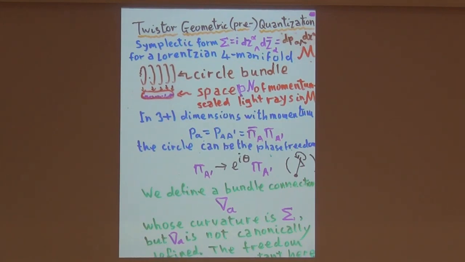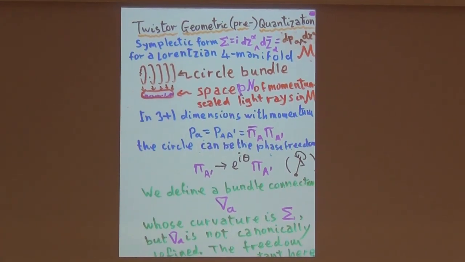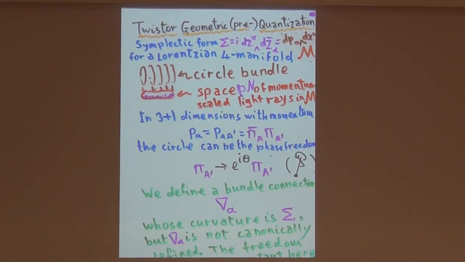The space in the middle, in projective space, the points represent light rays. But if you think of it as non-projective, then the light rays have a scale. So there's scaled light rays. That gives you a momentum as well. This makes it a symplectic space. And if it's a symplectic space, then you can consider doing this process of geometric quantization, which gives you a sort of quantum algebra. So that's the idea.